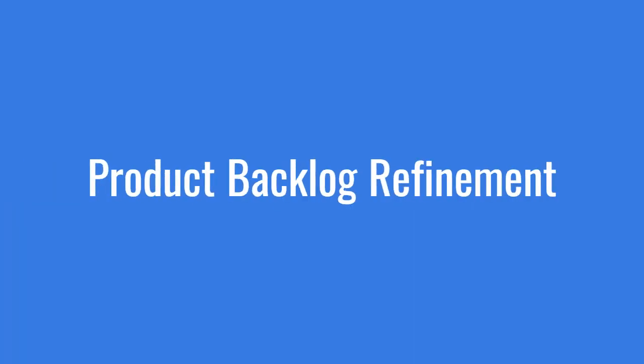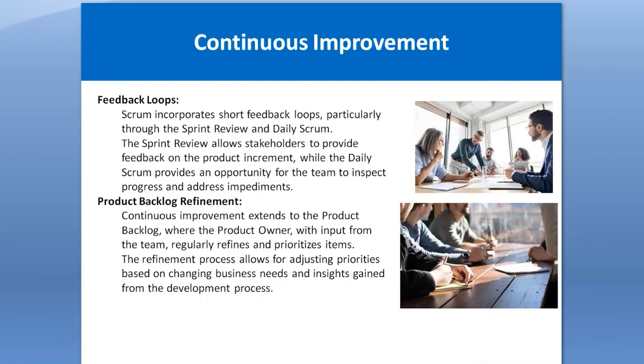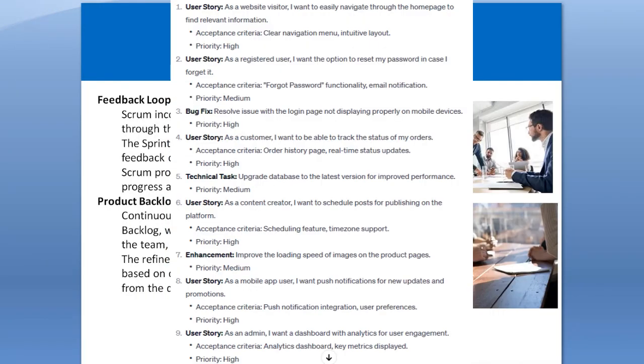Product backlog refinement. So friends, continuous improvement extends to the product backlog as well. The product backlog is basically the set of all the features which are required for a product. For example, if you are implementing an e-commerce solution, the user can log in to the application, the user can see the product catalog, the user can do the payment through the product.